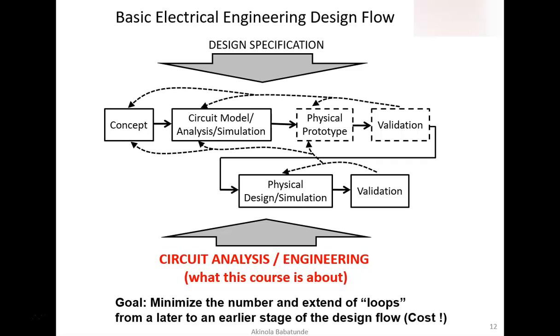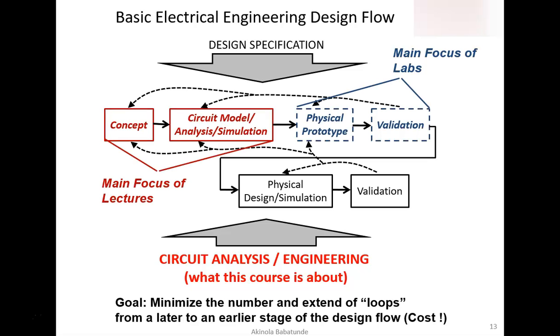For this particular course, our focus will be on circuit analysis. Basically, that is what we're going to focus on in this particular course. In the laboratory, the focus will be on the physical prototype and the validation using the prototype, while in the class we'll focus more on the circuit model, the circuit analysis, and the main concept of electrical circuits.